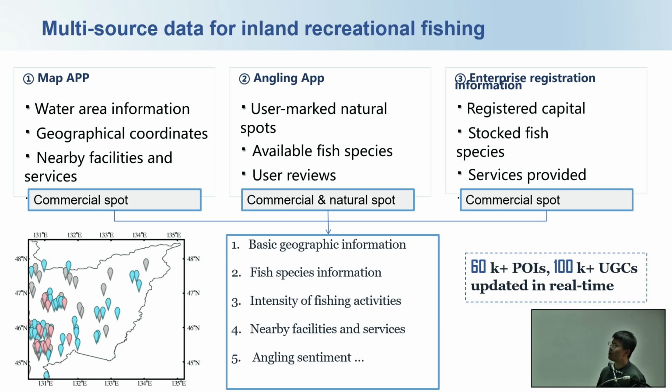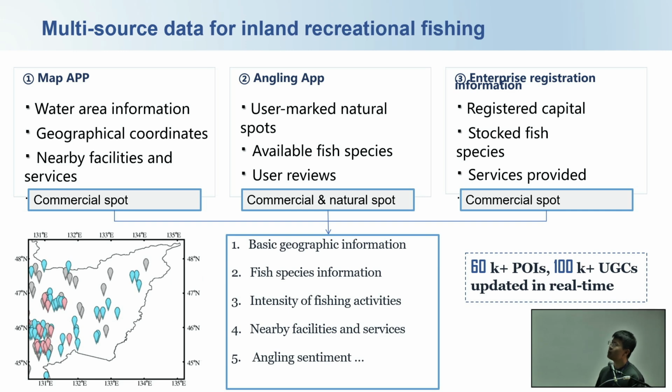So our group collected data from multiple sources for inland recreational fishing. The first type is map applications, which include water area information, geographical coordinates, and nearby facilities and services.